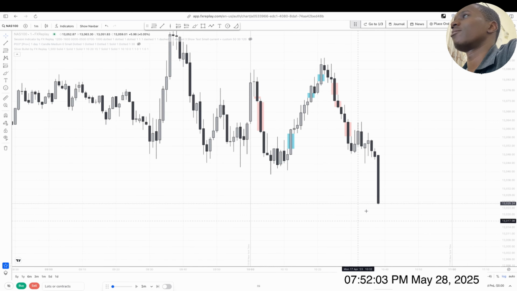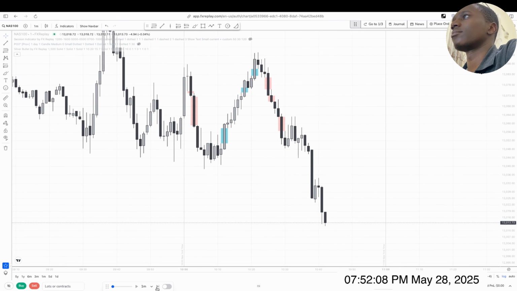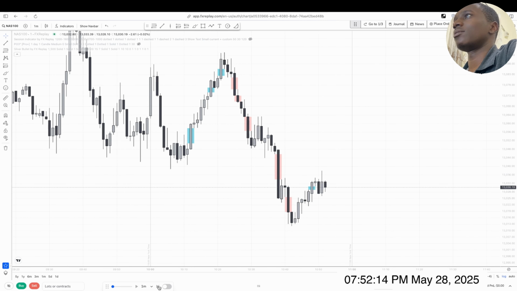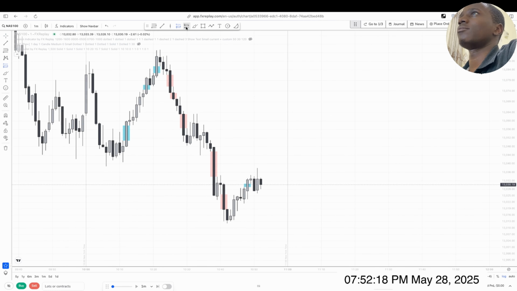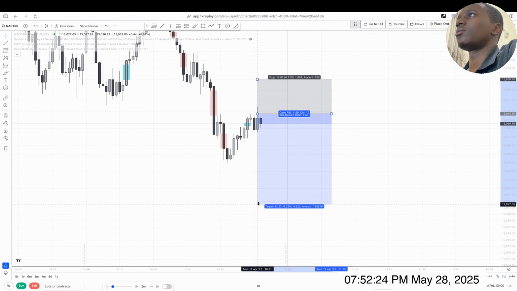Let's see if we get a retest. Okay, we want just to retest this fair value gap, which we did, which means we can have a drop just like this, target 1 to 2.